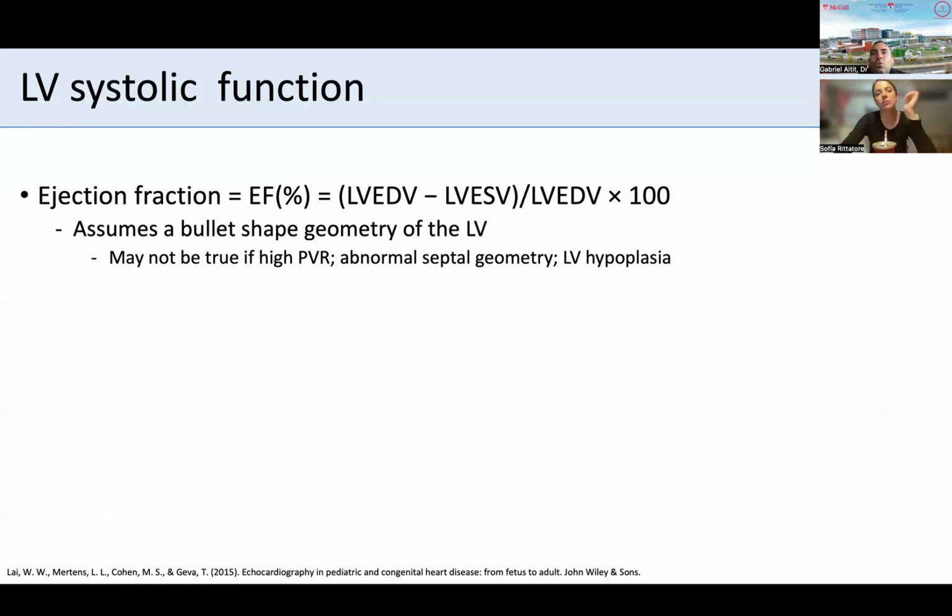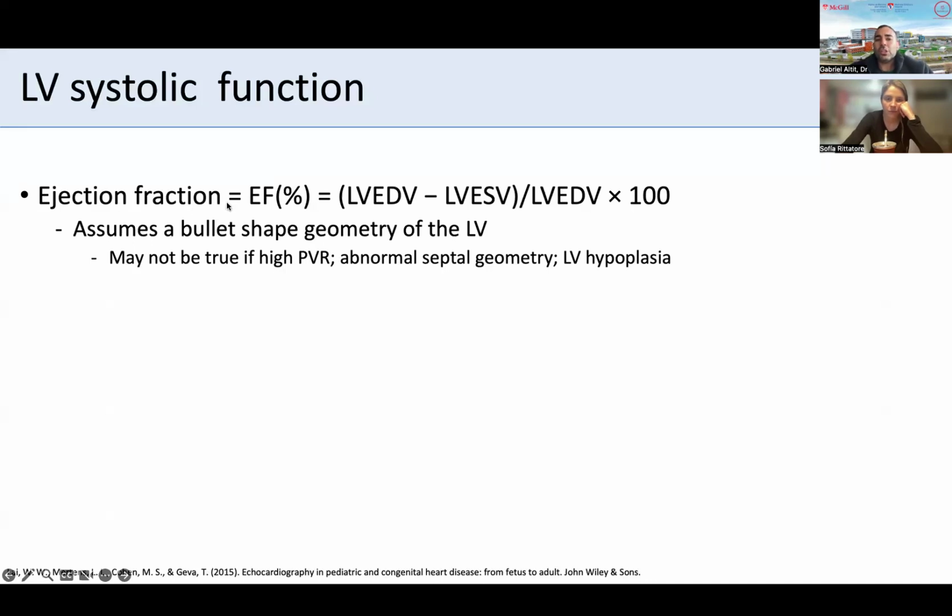But if your patient is super clamped down clinically, very cold, you put a probe and you have a very terrible ejection fraction, it tells you there's probably an inherent issue with the LV contractility, and I need to figure out why and how I can support this LV. Do I need to correct the acidosis? Do I need to provide inotropic medication to support my LV? Do I need to act on the SVR to try to decrease it a bit? It's all these questions you have to keep in mind.